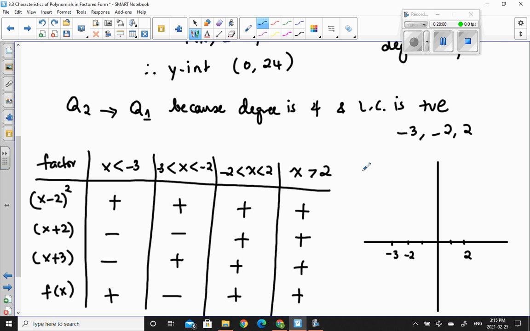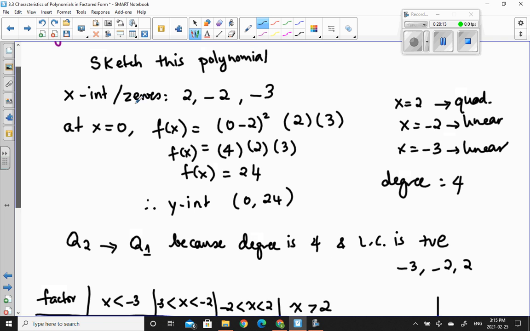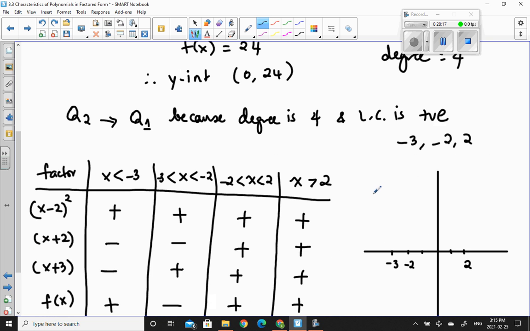And for values of x less than -3, the function is positive. And at x equals -3, it's linear, so it has to cross it. So we'll start here, we'll go there, and cross it to show that it's having a linear behavior at -3.